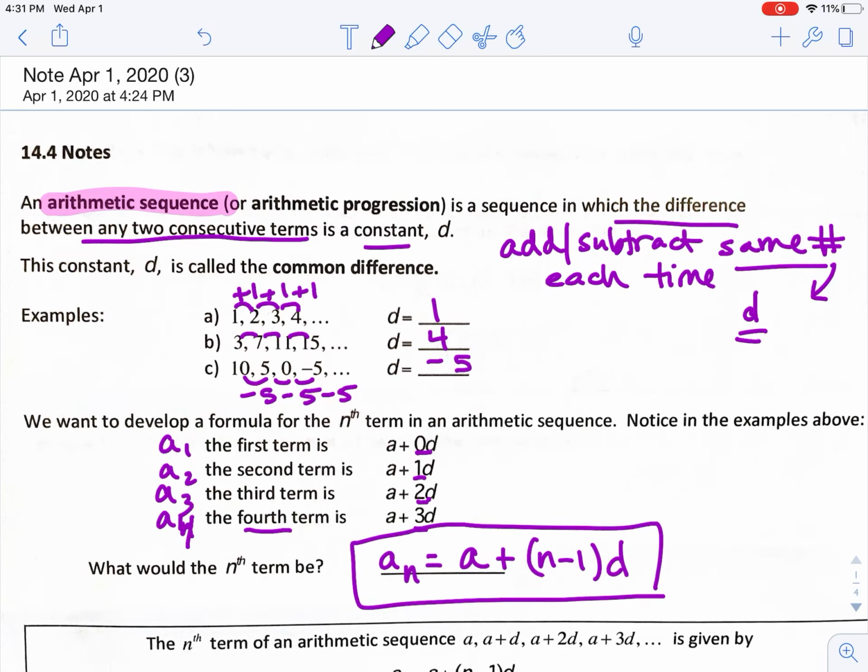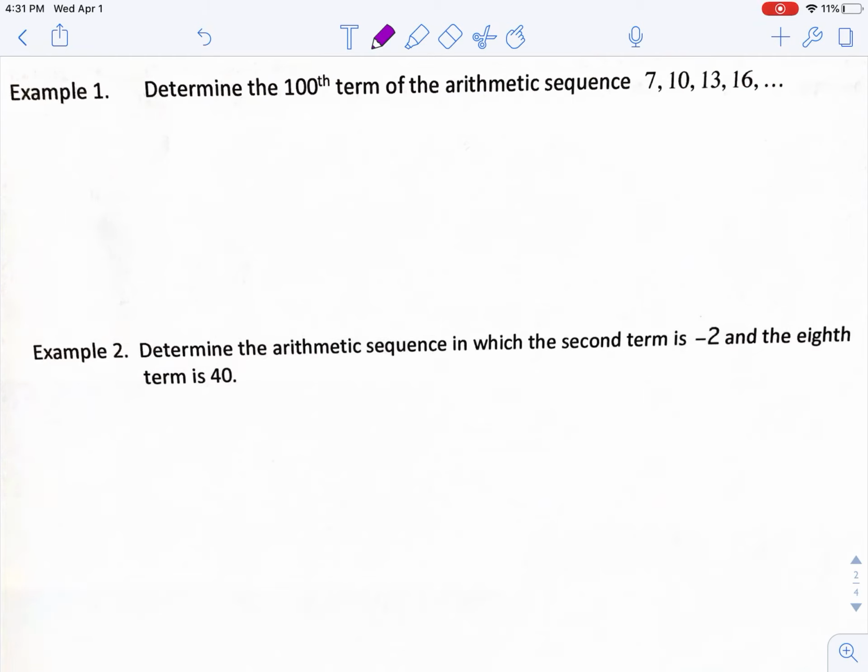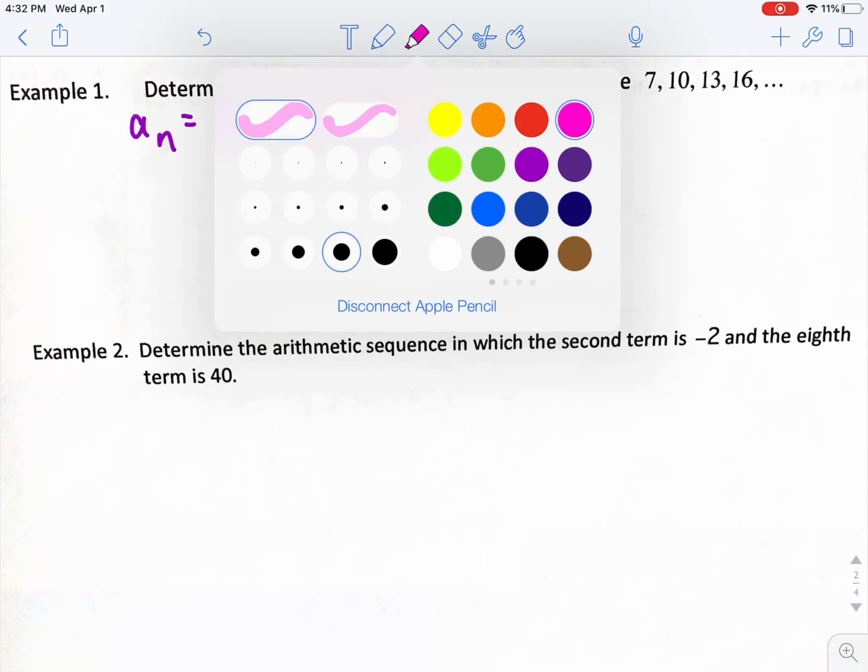You can see that below in the box. You don't have to memorize it because it'll be there, and you'll just need to know where to get it. So we're going to use that formula to determine the 100th term of the arithmetic sequence. I'm just going to rewrite the formula. a sub n equals a plus n minus 1 times d. All right, so now let's define all our variables.